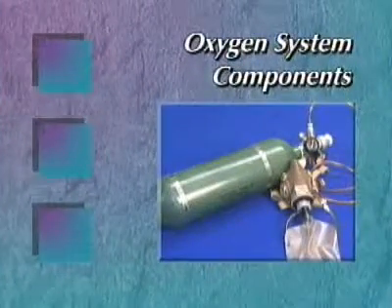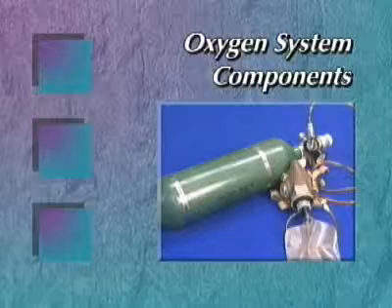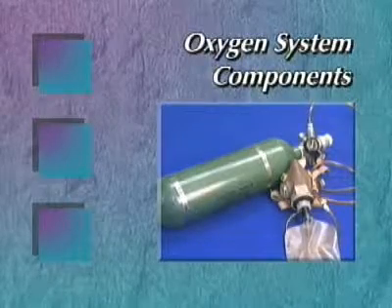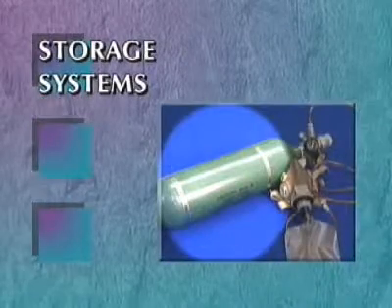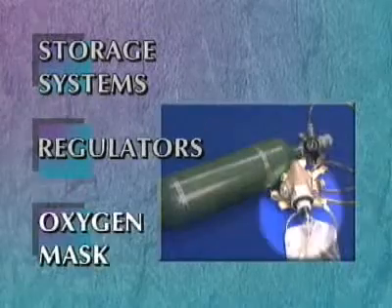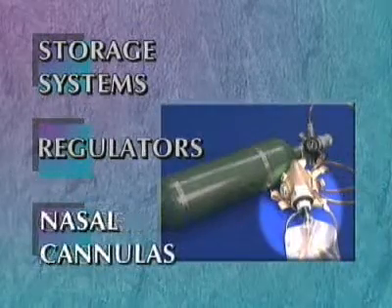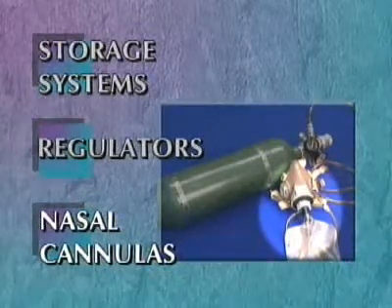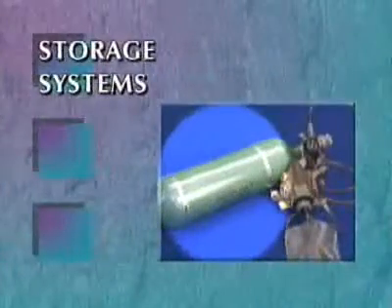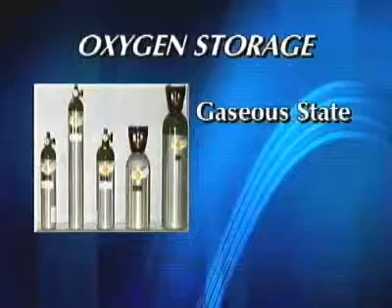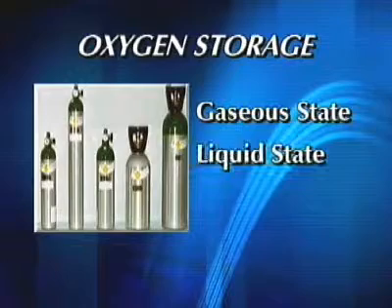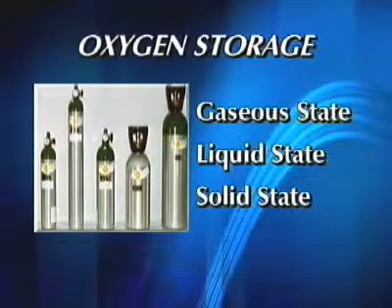There are three components on most oxygen systems, whether they are portable or fixed: storage systems, regulators, and oxygen masks or nasal cannulas. There are three ways to store oxygen: gaseous state, liquid state, solid state.